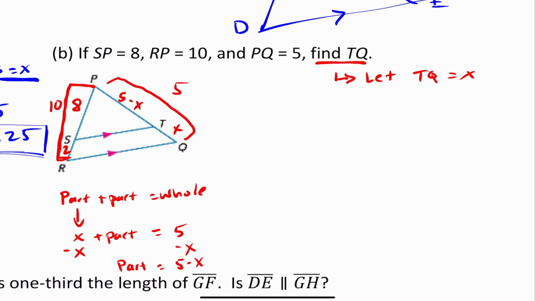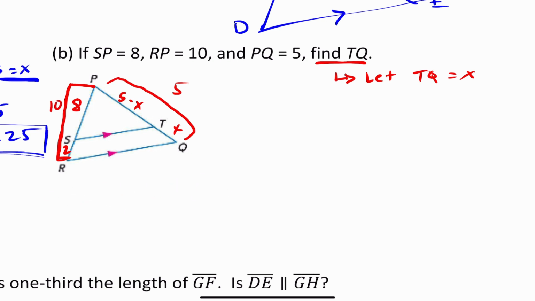So now, I'm going to real quickly erase this. And I want to go ahead and confirm with y'all that if I do this part plus this part, it should give me that 5, right? So 5 minus x plus x equals 5, okay? I just want to see the left-hand side is equal to the right-hand side. Negative x plus x, you can combine those terms there, right?